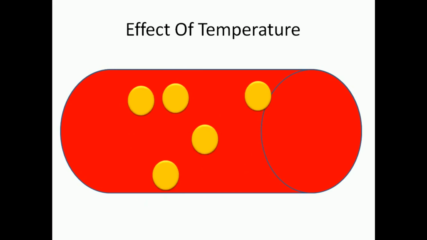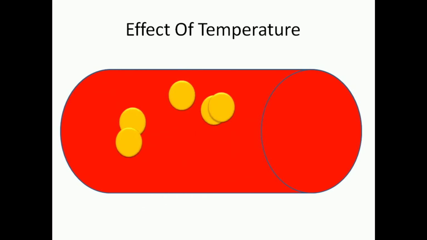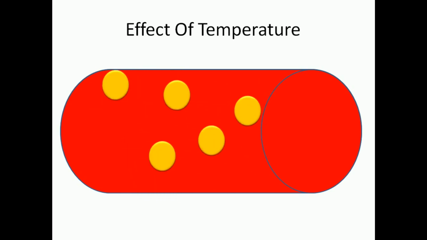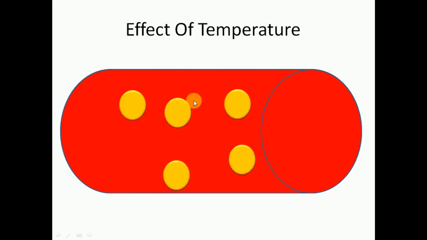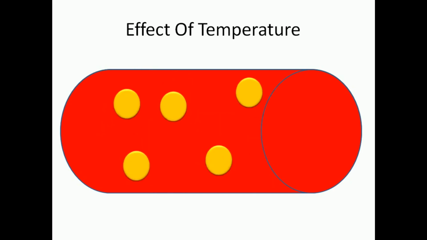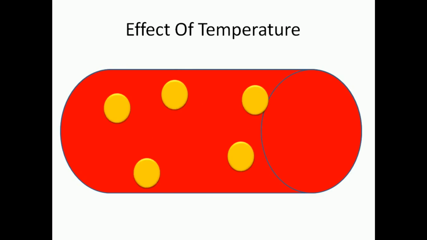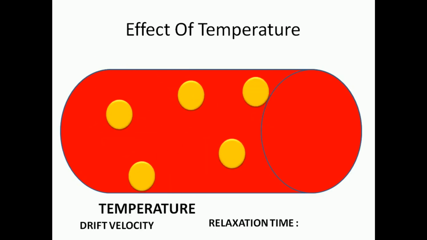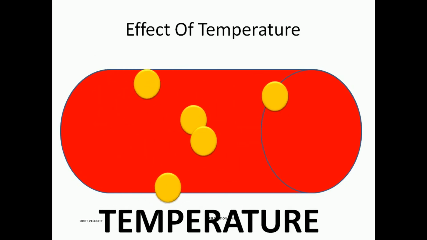Increasing resistance means electrons cannot move easily, so their drift velocity will decrease. Because of this vibration they frequently collide, so the number of collisions will increase, and relaxation time will decrease. As you can see in the picture, if you increase the temperature, drift velocity and relaxation time will decrease.